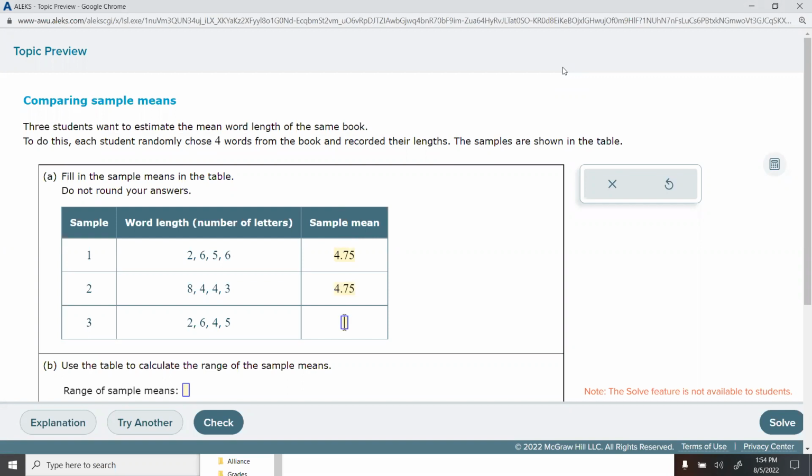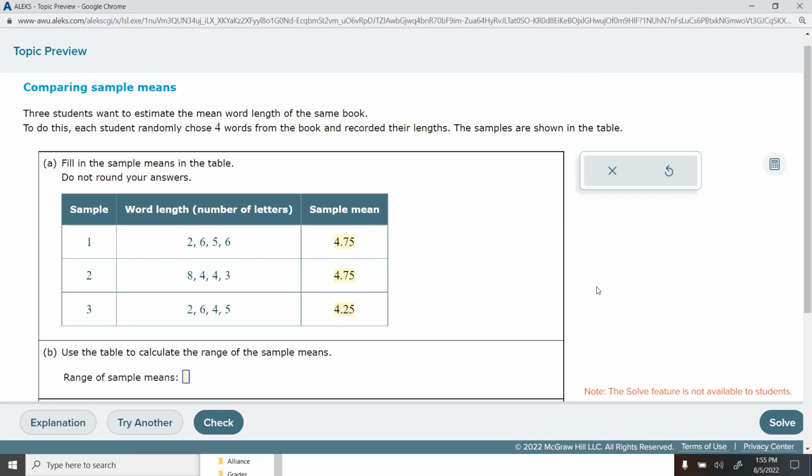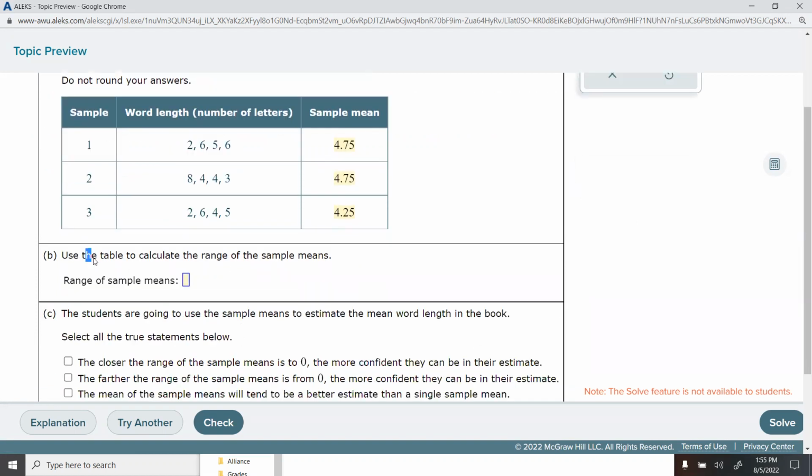Same thing. The next one is 2 plus 6 plus 4 plus 5 is 17, and that'll be 4.25. Nice thing about dividing by 4 is you don't have to worry about rounding your number off. You can get the exact answer. Okay, did I do that correctly? Yeah, okay, cool.